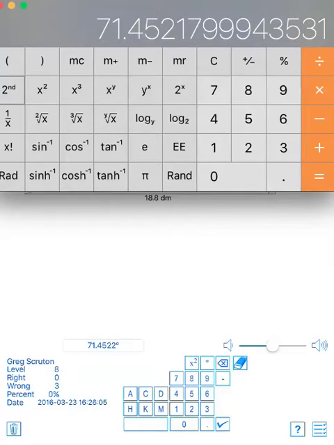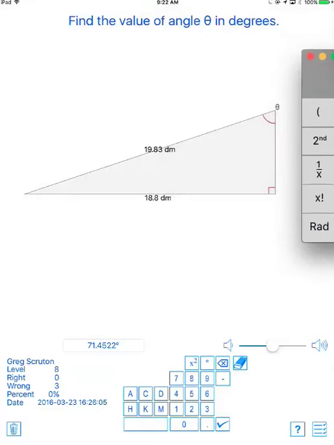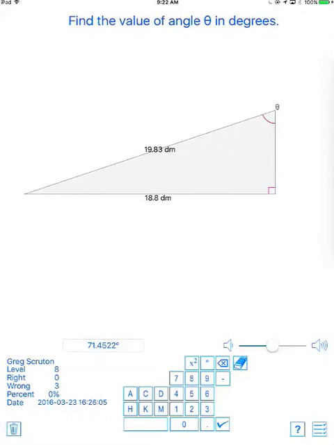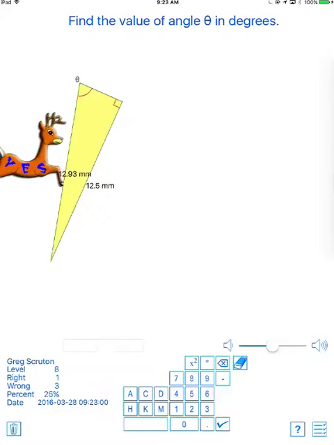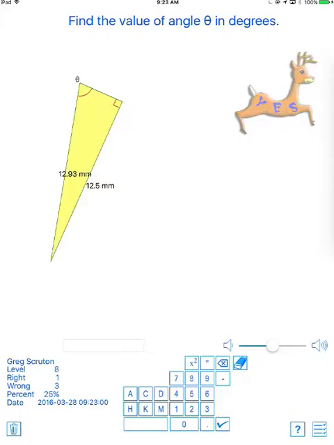Let's check to see if we're correct by clicking the check button, which is right here. Excellent.